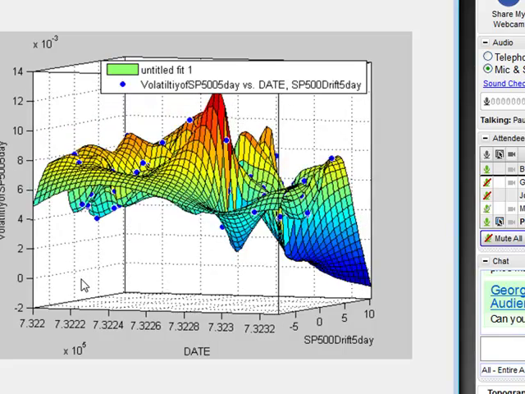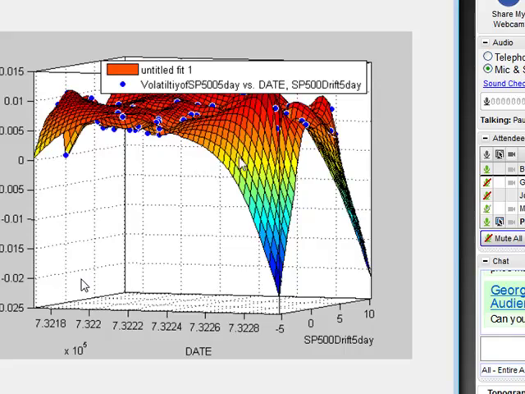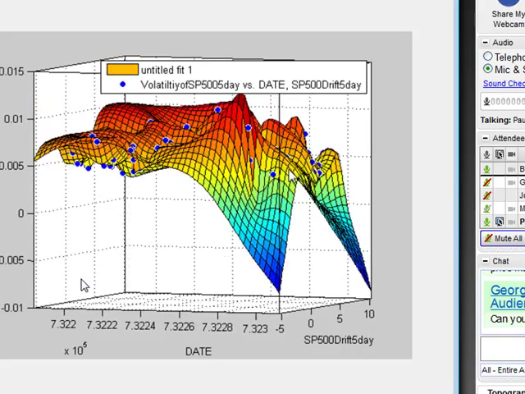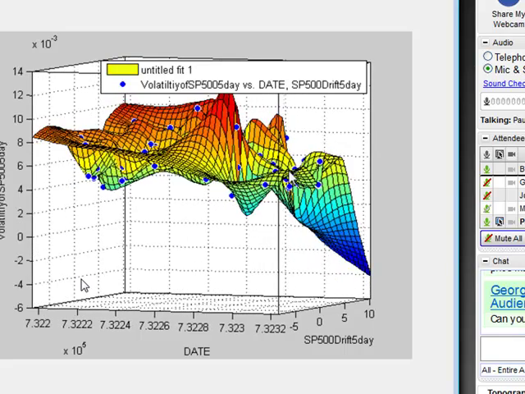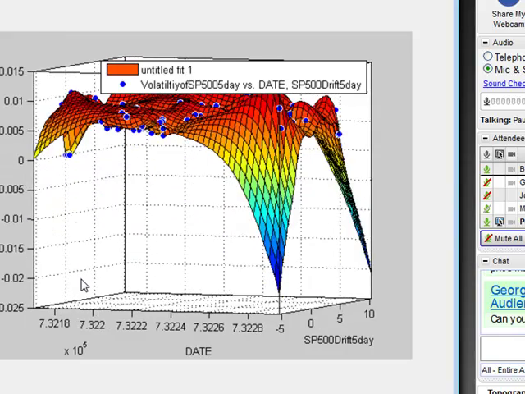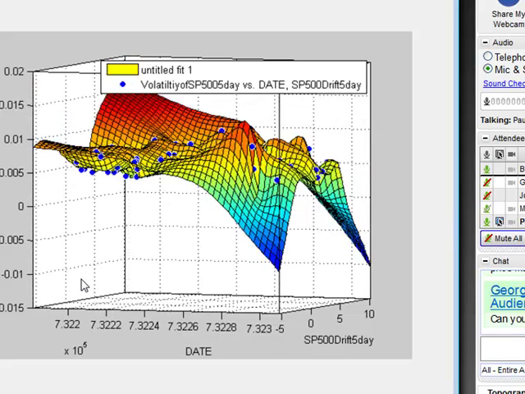In trade terms, this would be the tick. A good way to look at it is the tick. This is more of the ticks that make up a candle. So if you were in high frequency trading, you would want this surface.